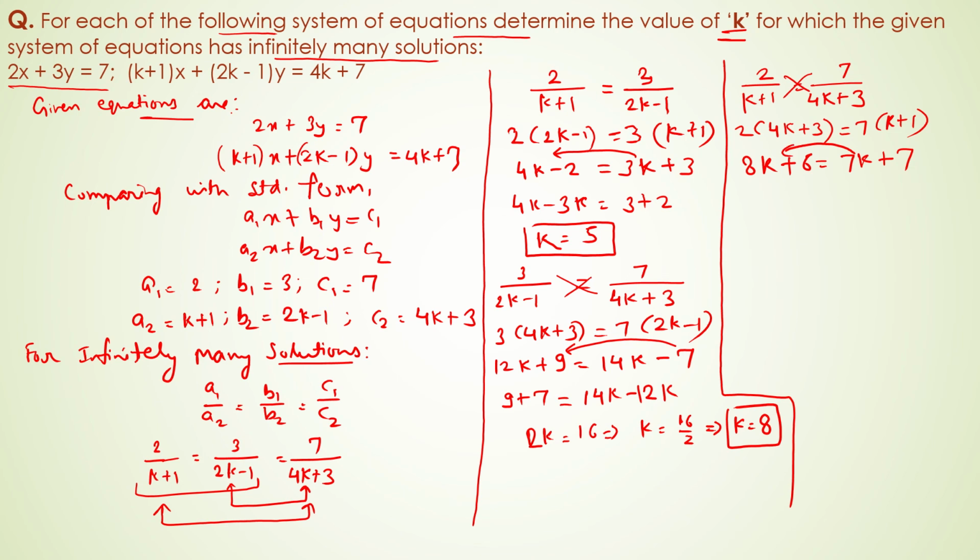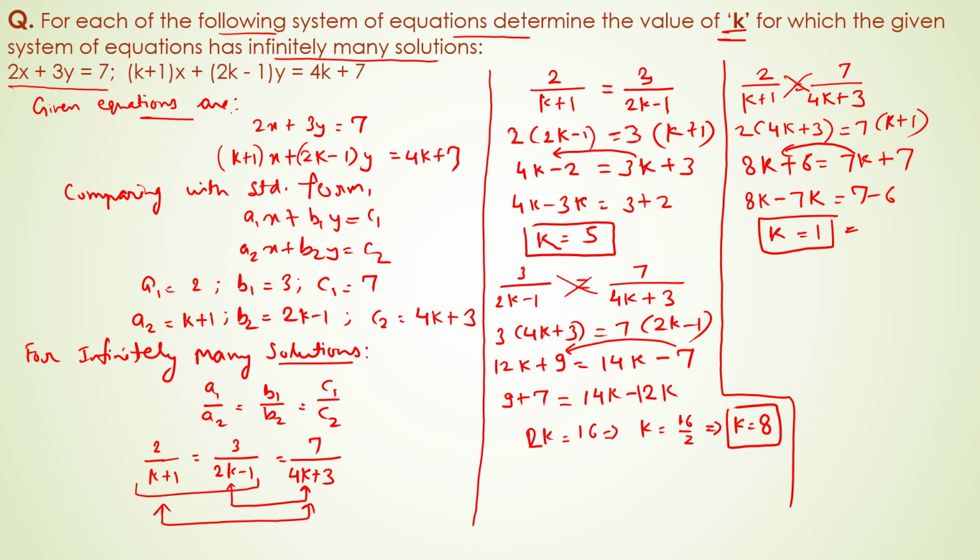If we shift 7k towards the left hand side, we get 8k minus 7k equals 7 minus 6. So the value of k obtained is 1. So for infinitely many solutions, the value of k can be 5, 8 or 1.